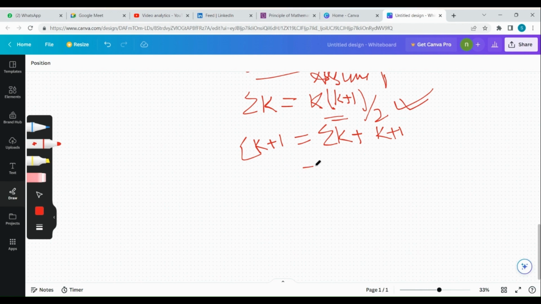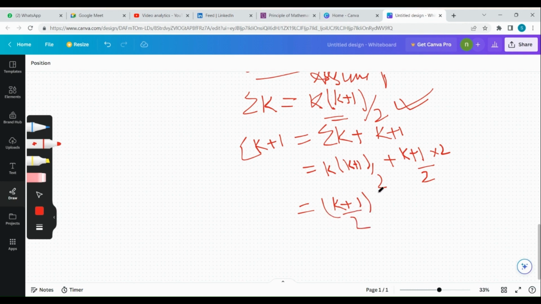So this is equal to k into k plus 1 by 2 plus k plus 1, right? Let's multiply it by 2 and divide it by 2. We can do that, right? We are not changing anything, correct? Now let's take k plus 1 by 2 common.